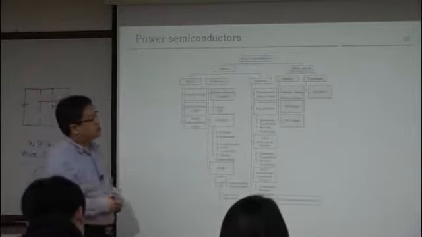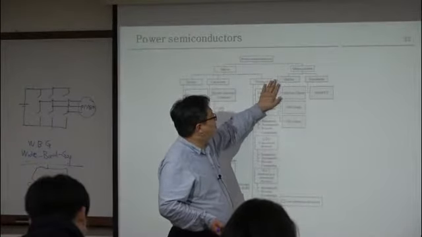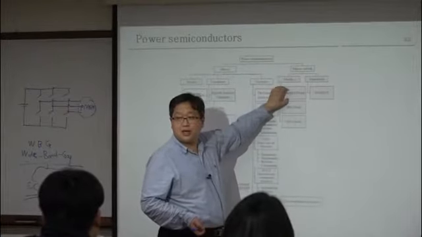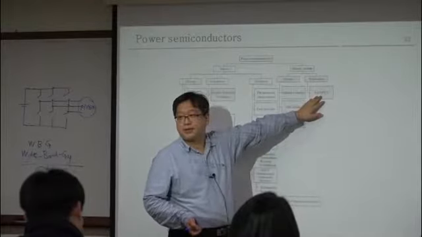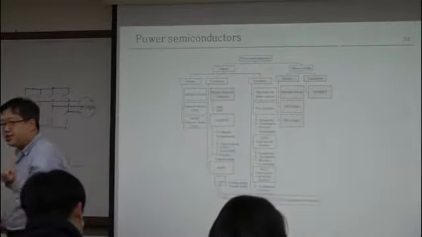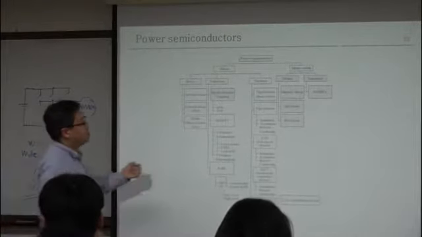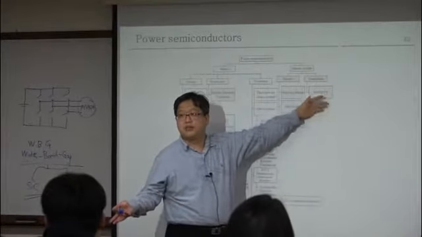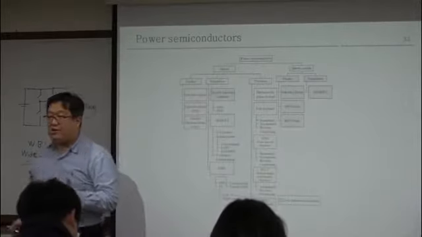Okay, for silicon carbide devices, the most popular SiC device is the Schottky diode, SiC Schottky diode, and also SiC MOSFET. Many manufacturers have developed SiC BJT and also SiC IGBT, but only SiC MOSFET is commercialized because of the simple structure and the reliability.